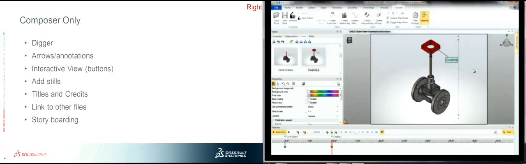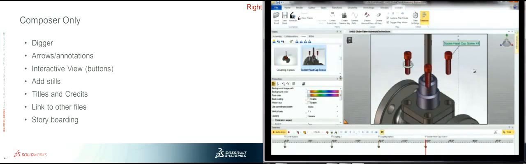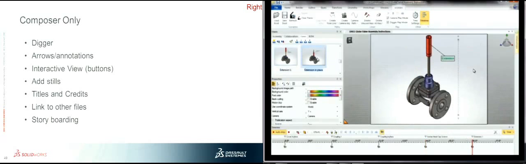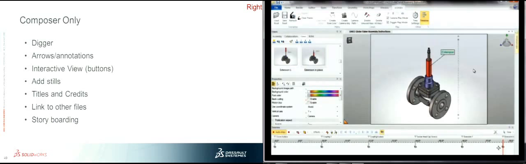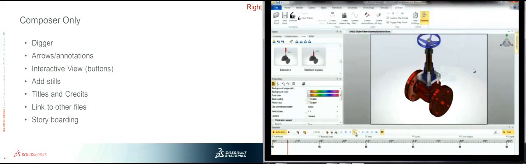So the nice thing about that is we can, just like in a real movie type of situation, you can create a storyboard, steps through, step by step what's happening, and you can drag and drop that onto the timeline to create your animation. It just helps you reuse all the information that you've already done, and you don't have to spend the extra hours or however long it would take to recreate stuff you've already done.